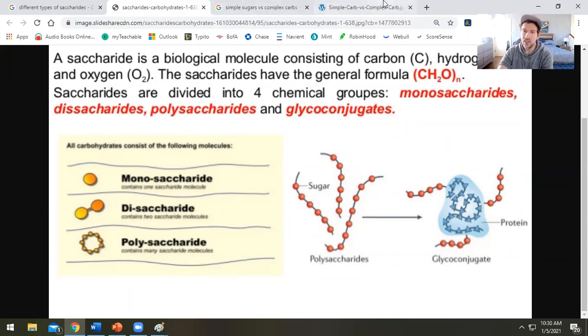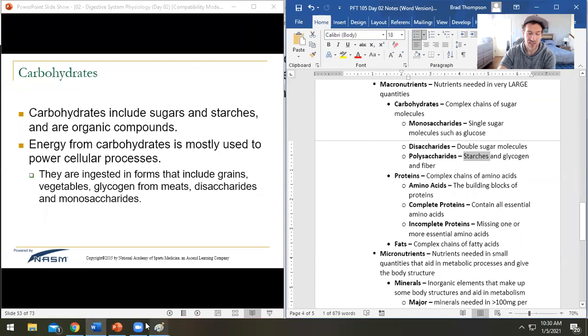So let's say you decide to go eat a donut, right? A donut is going to be packed full of sugar, but there are some complex carbs in there. There's not a lot, but there's some. There are some polysaccharides in there, right?